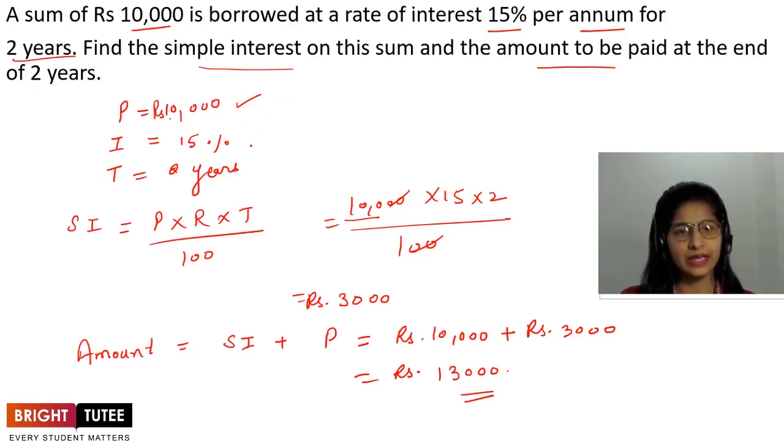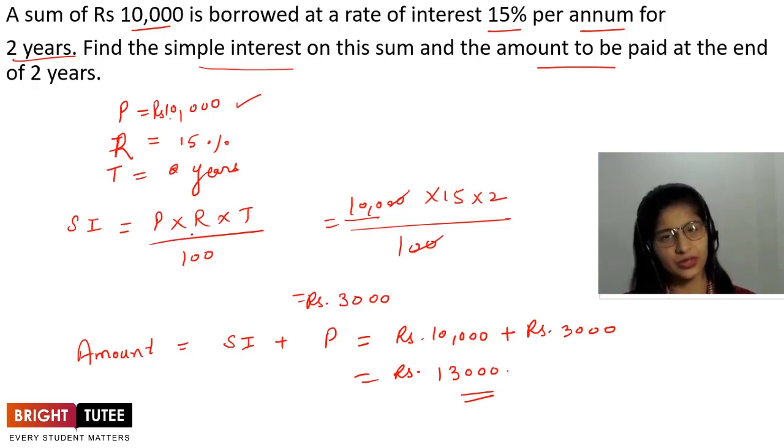R is the rate of interest and it is given as 15%. Rate is given, time is given, 2 years. We calculated simple interest, that is 3,000. So we add this interest to the principal, and we get the amount to be paid at the end of 2 years. Clear? This is what we were doing in simple interest.